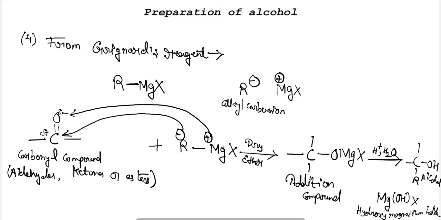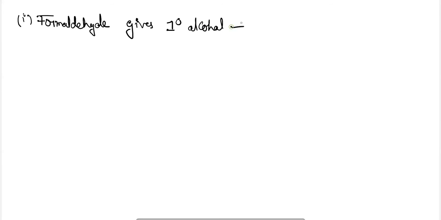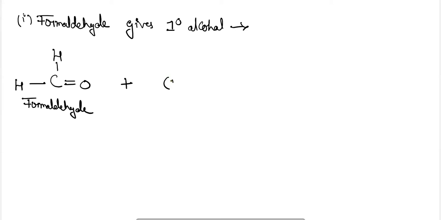So first, let's take an example for the aldehydes. Formaldehyde, the first example we are taking here, will give primary alcohol when reacted with Grignard reagent. So I am taking formaldehyde, HCHO. It will react with Grignard reagent, that is CH3MgBr, in the presence of dry ether.